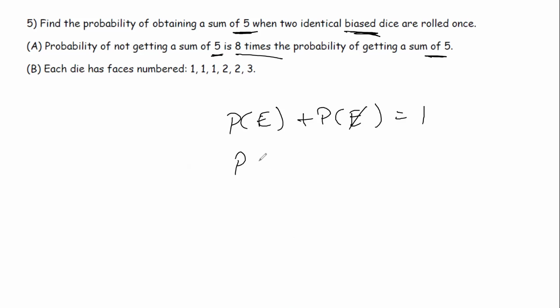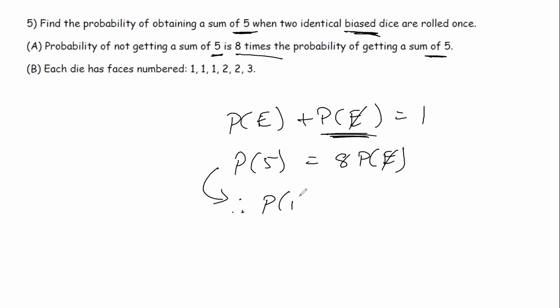So from here we get P of not 5, the probability of not getting a 5, is equal to 1/8 of P of 5.